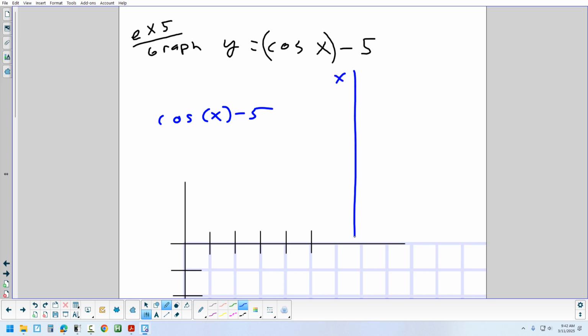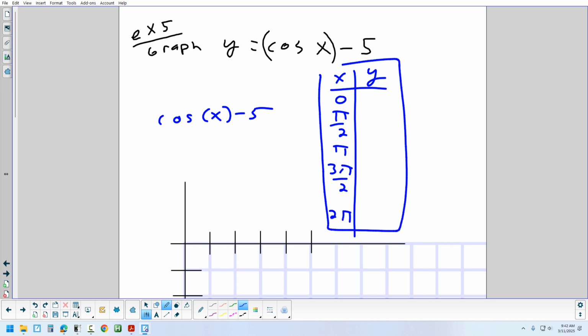All right, let's make our table. So the last one, which column stays the same? Yep, x stays the same. What are my y values one more time for cosine? Just the originals. Yep, 1, 0, -1, 0, 1. And how are we going to modify those to shift them down 5?